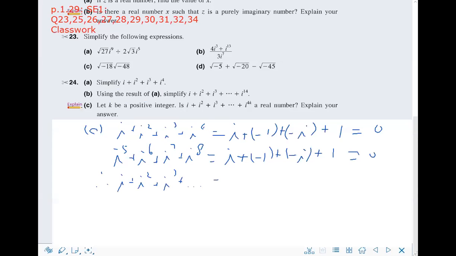plus i^4k. The last one is the 4k-th power. 4k means a multiple of 4. Okay, so if there is a number which can be written as 4 times k, okay, for example, 8 is equal to 4 times 2, okay, or 100 is equal to 4 times 25, so they are multiples of 4.